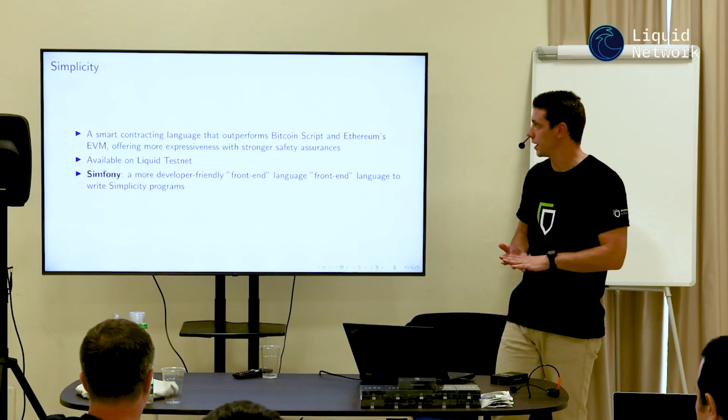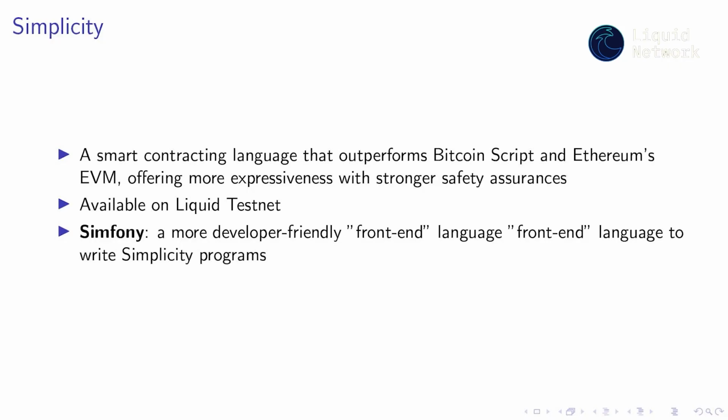We are almost at the end of this session, and we are talking about Simplicity. Simplicity is a smart contract language which aims to outperform Bitcoin Script and other scripting languages for blockchains out there, both in terms of trustworthiness and in terms of safety assurances.